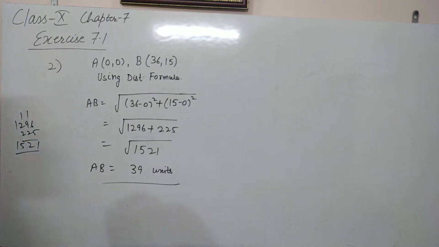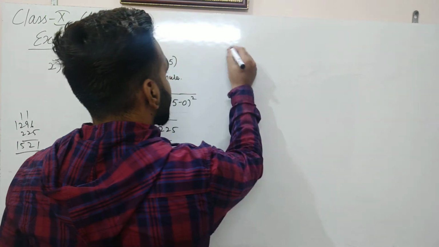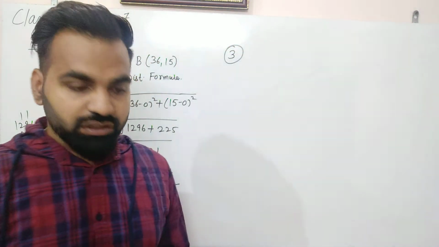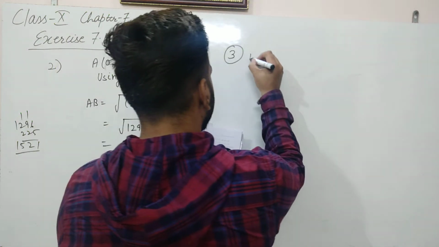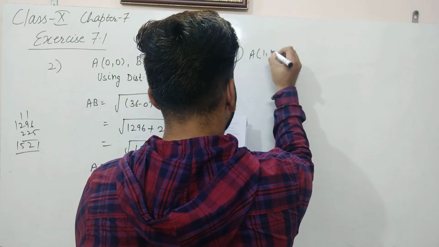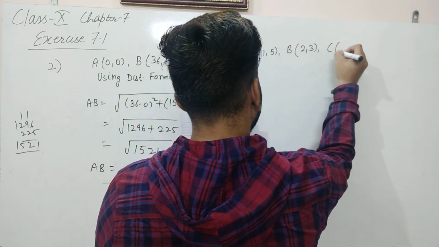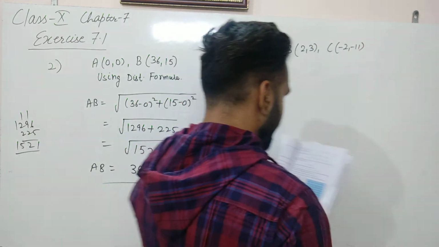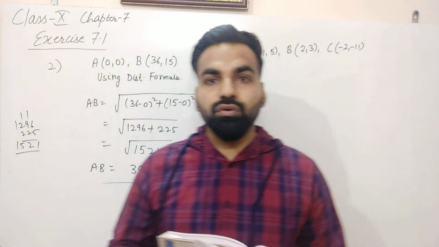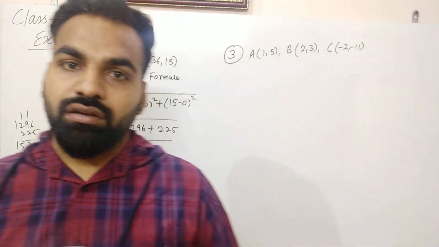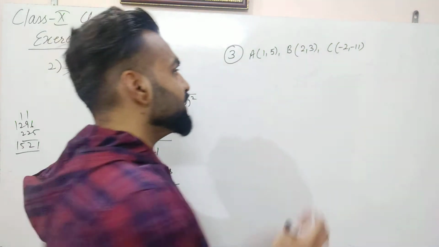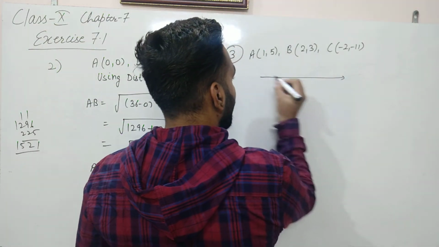Clear everyone? So now question number 3. In question number 3, 3 points are given. Point A (1, 5), B (2, 3), and C (minus 2, minus 11). We have to prove that these points are collinear. And now what are collinear points? Collinear points are points which lie on the same line.